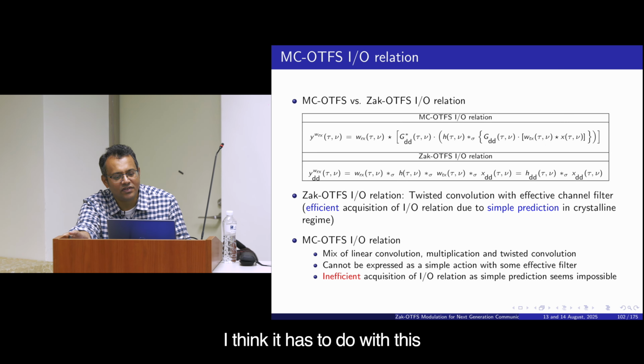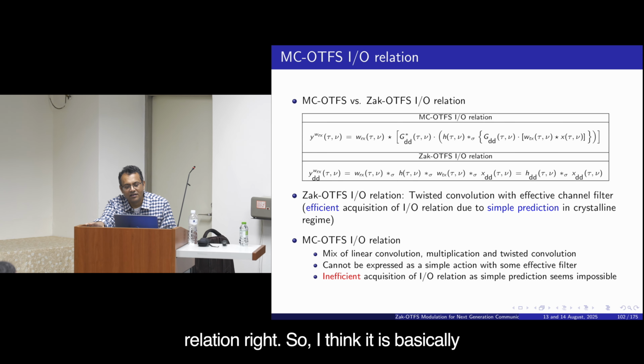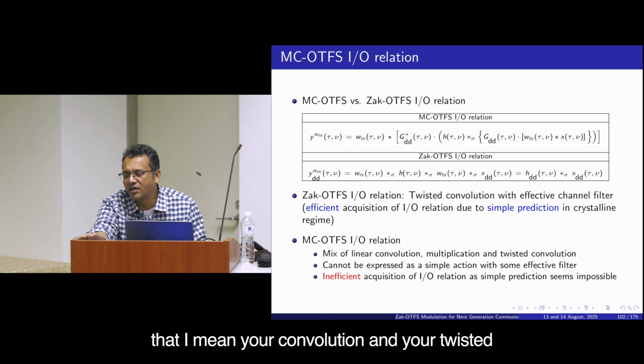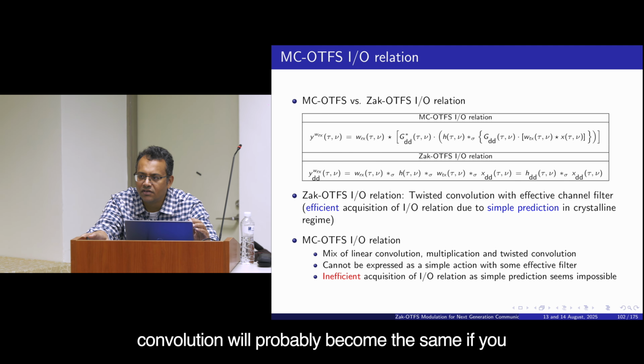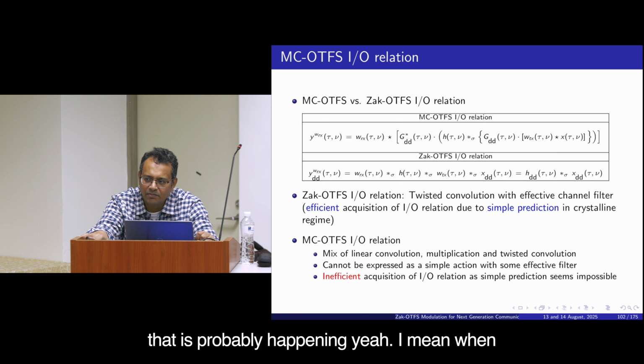I think it has to do with this thing. This was the MCO-TFS input-output relation, right. So I think your convolution and your twisted convolution will probably become the same if you have low Dopplers, something like that.